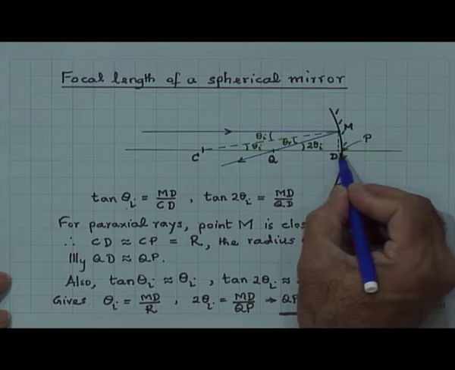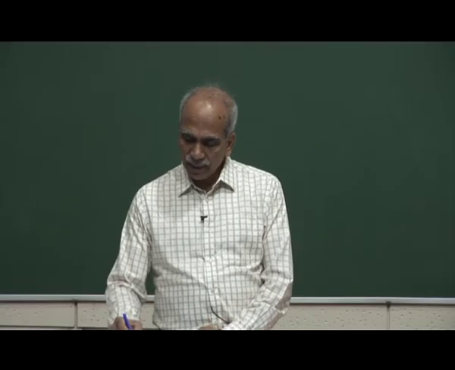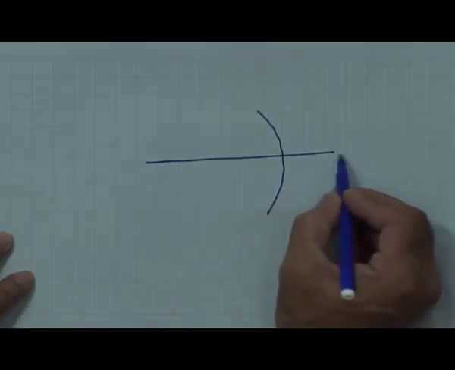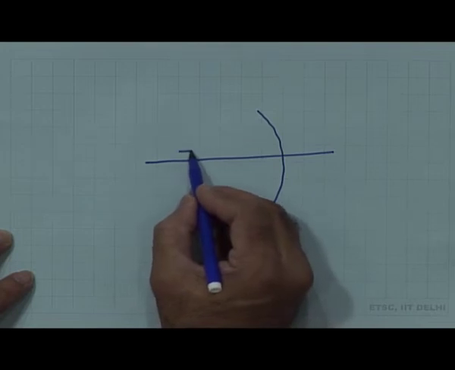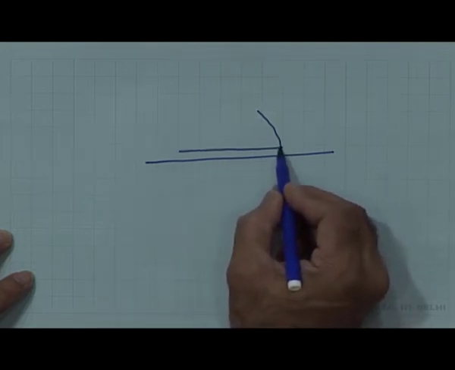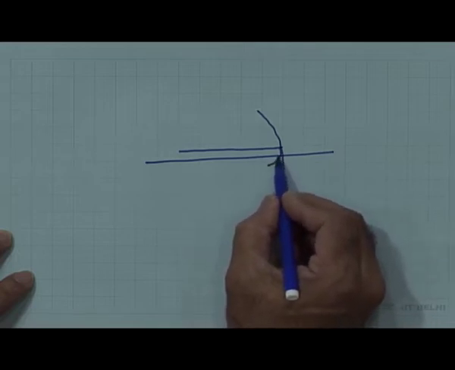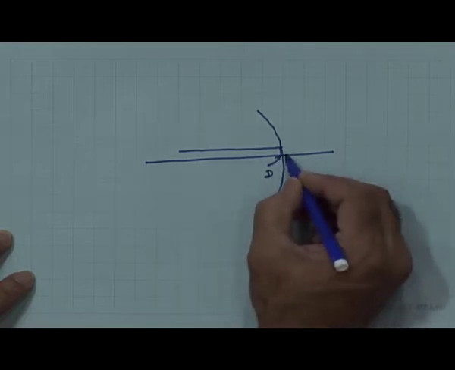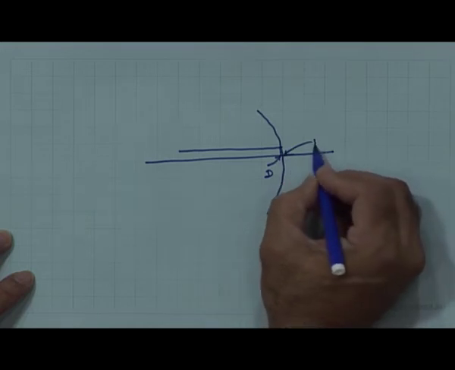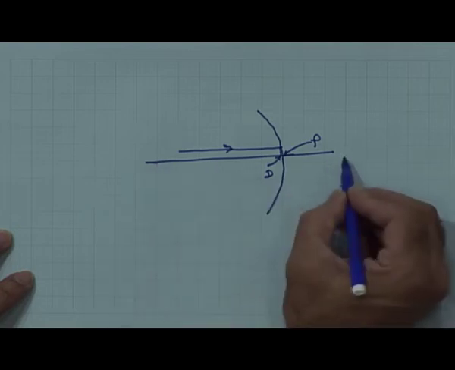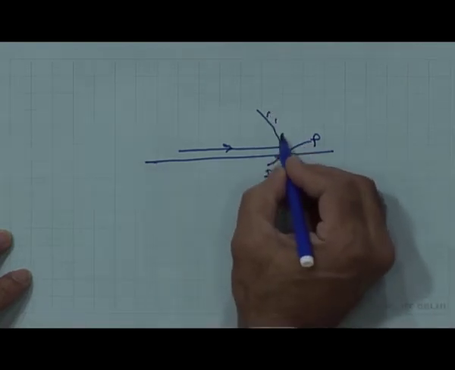This point D is very close to P, because if I have the principal axis here, when the ray is very close to this and a perpendicular is dropped from here, that is point D, and this is of course point P, the pole, and this is the incident ray and this is the principal axis, this is the mirror.